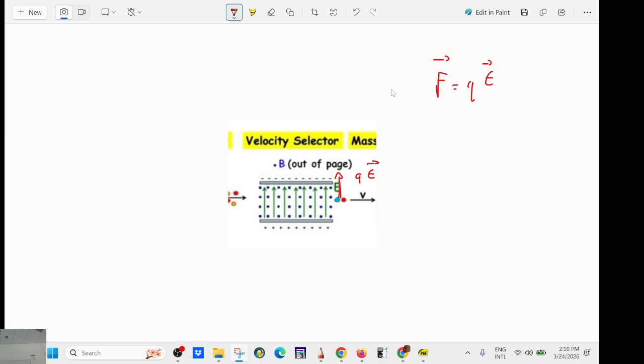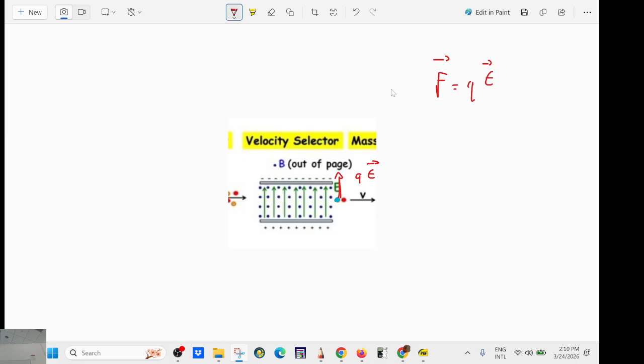So the force is down. Velocity, magnetic field, force. The velocity is going this way, the magnetic field is going towards you, so the force is down. The force is always out of your palm.